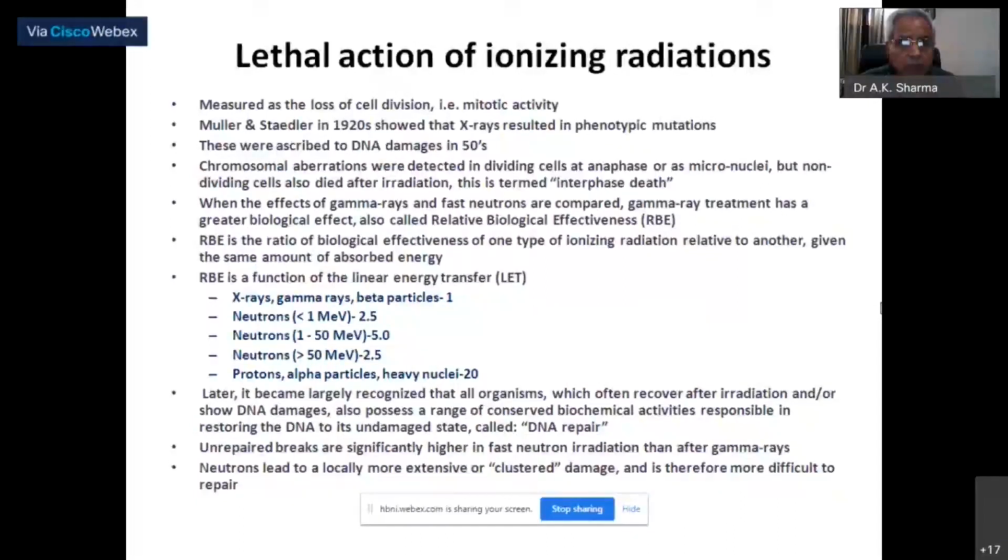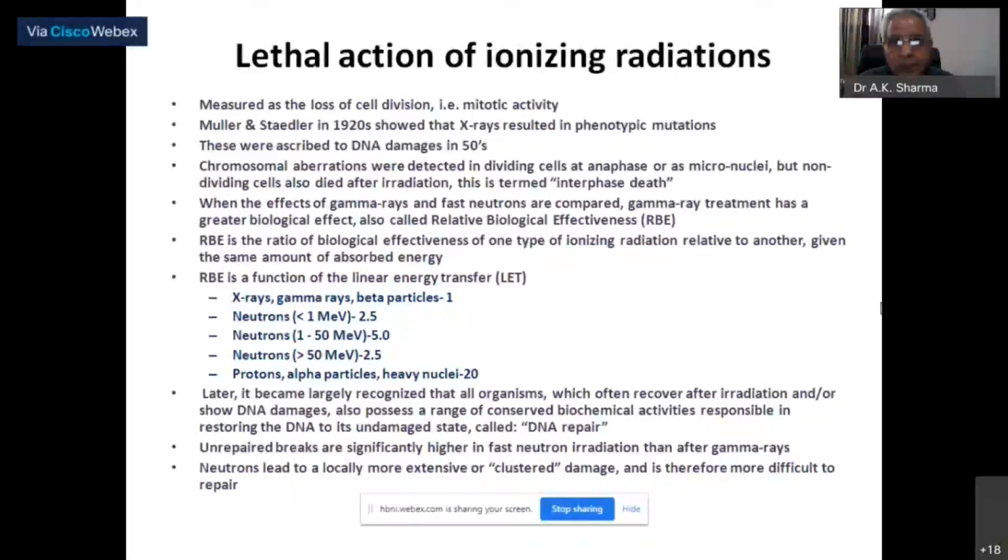Now, it was Mueller and Stadler in the 1920s. They found that X-rays cause some phenotypic mutations in Drosophila, that is fruit fly, and then it was realized that X-rays can cause some genetic changes.